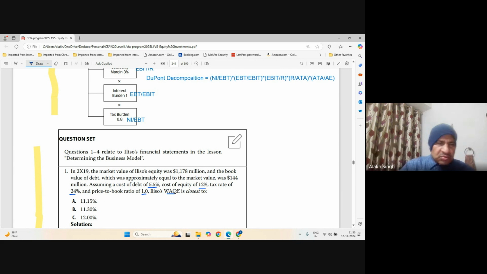WACC is the weighted average cost of capital. So let me write the formula, then it will be very easy for you.